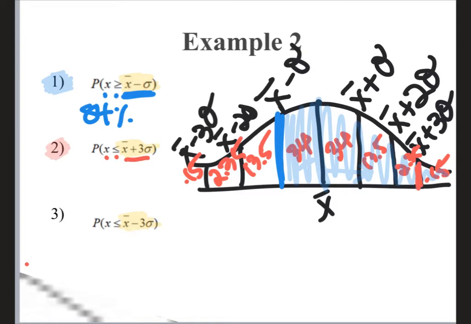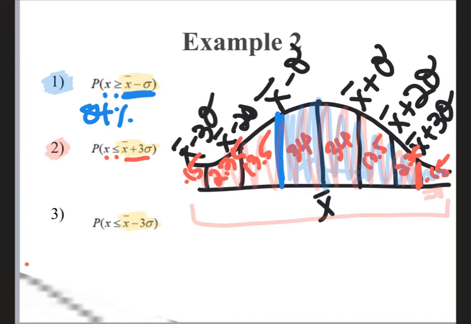Or, let me shade it. It's going to be hard because I wrote my things in there. So everything shaded to the left. Okay? Now, you could do 50 plus 34 plus 13.5 plus 2.35. Or you could do 100 minus 0.15, because that's the one you did not shade, because you shaded everything to the left.